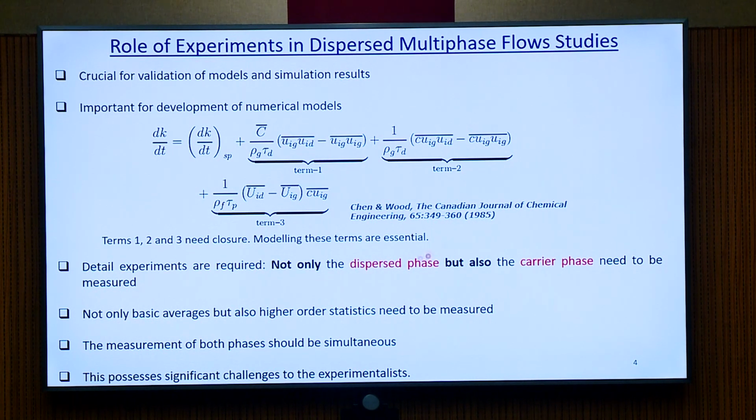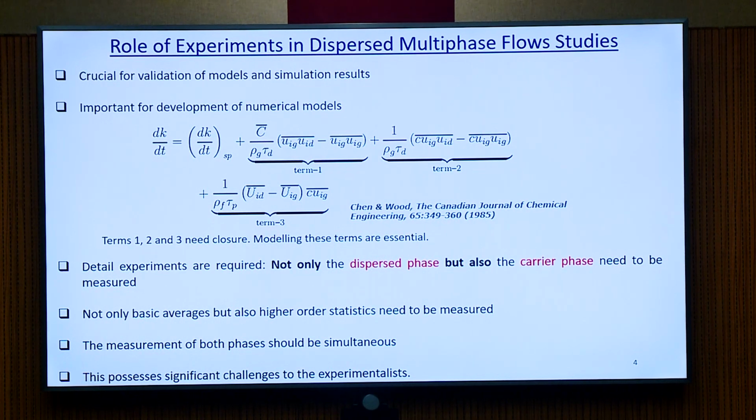Now, next thing is that for detailed understanding, we need information not only about the dispersed phase, but also on the carrier phase. So mostly in dispersed multiphase flows, the focus is on characterizing the dispersed phase only. For example, particle size, particle velocity, particle number density. However, at the same time, characterizing the carrier phase is also important.